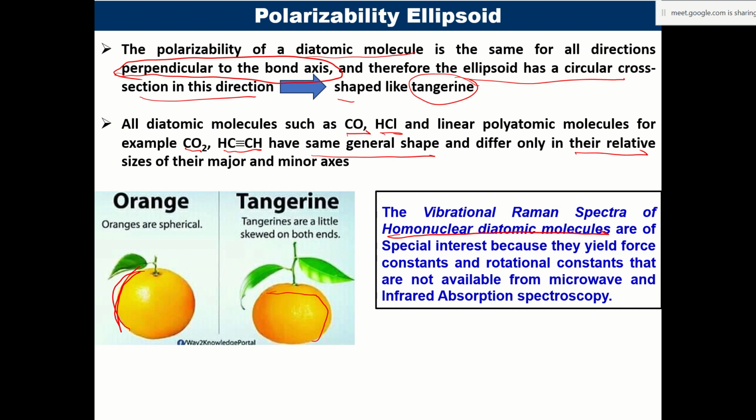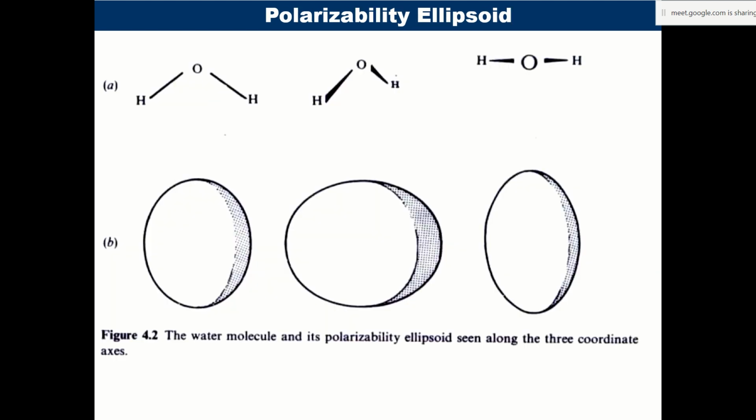Now you are able to do so by performing Raman spectroscopy. रमन स्पेक्ट्रम आप रिकॉर्ड करते हैं और रोटेशनल रमन, वाइब्रेशनल रमन करके आप ये सारी चीज़ें इंफॉर्मेशन निकाल लेते हैं. So that is the greatest advantage.